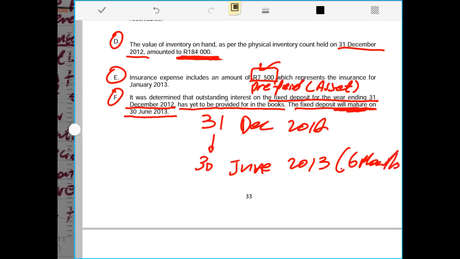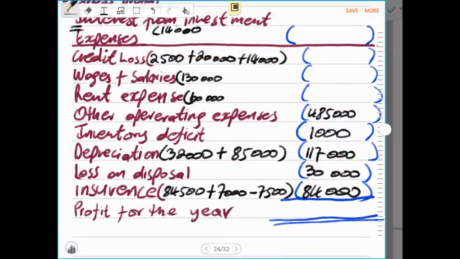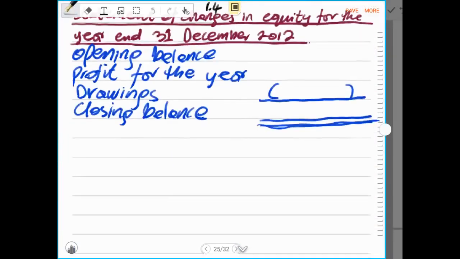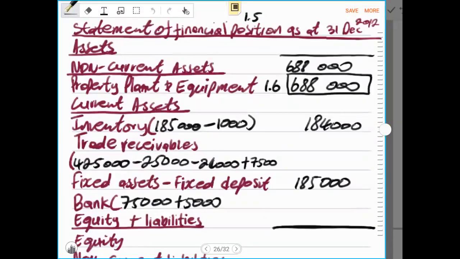So if this is 6 months, it indicates that this fixed deposit will mature in the next 6 months. And if it matures in the next 6 months, that means it is less than a year. So now if it is less than a year, that means the fixed deposit will be a current asset. Therefore, now in the statement of financial position, a fixed deposit will be recorded under the current assets.